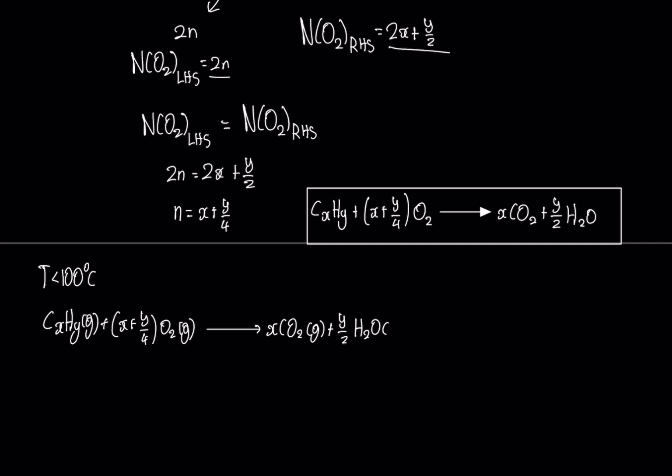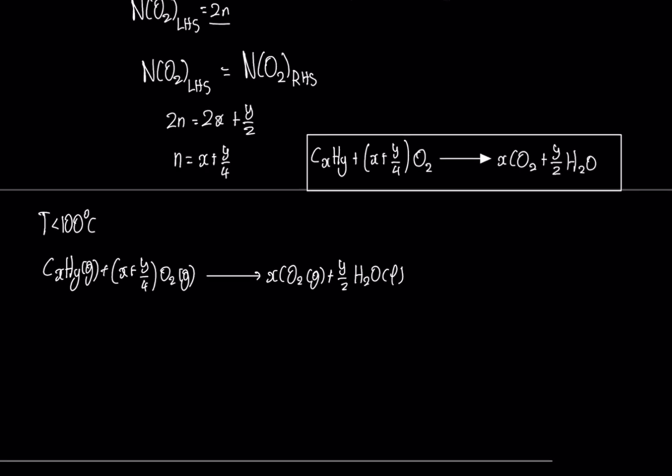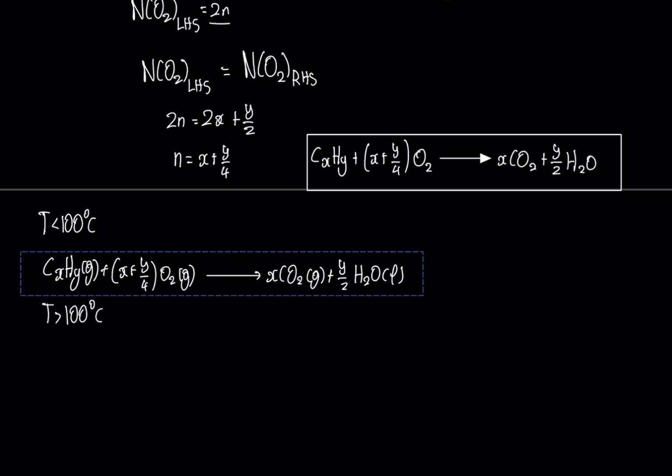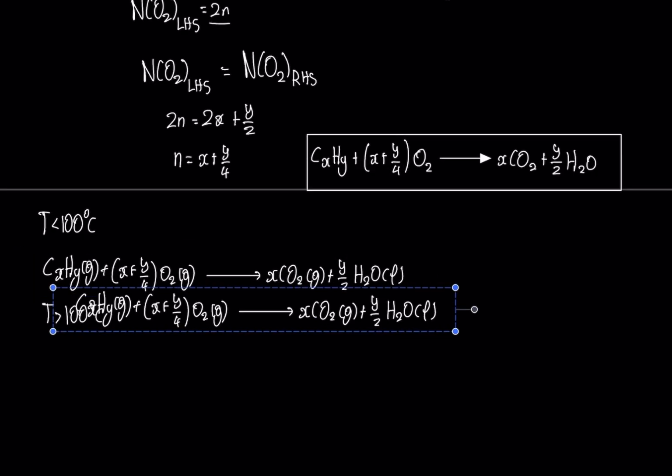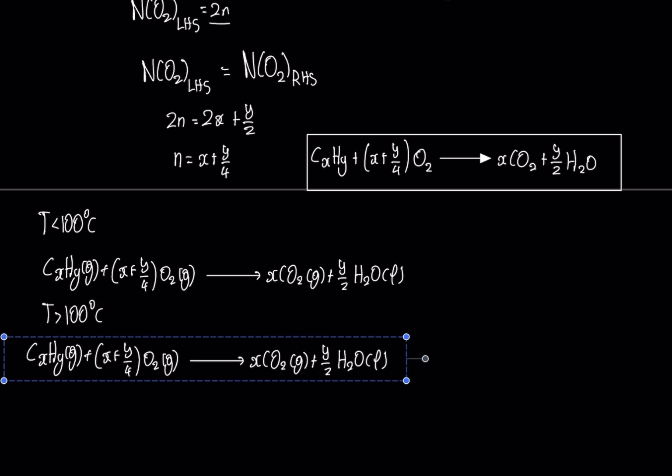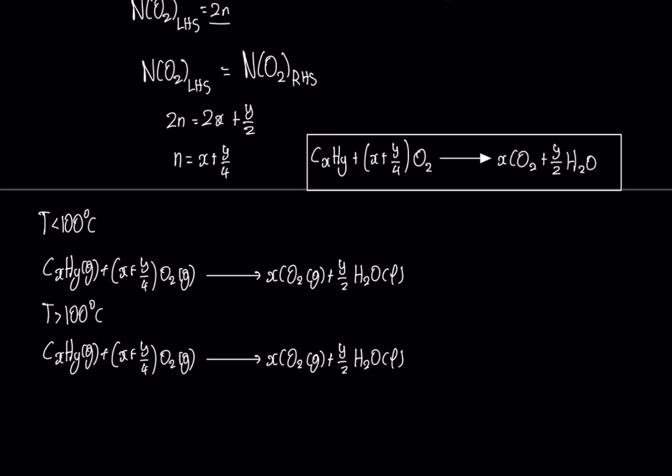And if it's less than 100 degrees Celsius, below the boiling point of water, this guy's going to be a liquid. And if T is greater than 100 degrees Celsius, you just take this entire equation. It remains the same. The combustion products do not change. That's what's important. And then all you need to do is just flip the liquid to a gas, because water would have turned into a vapor. So just something to keep in mind.